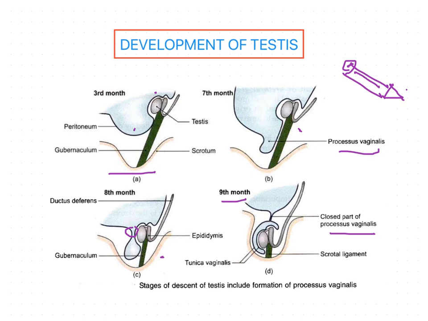So normally it occurs due to rapid elongation of the parietal peritoneum to which the developing testis is attached, which helps the testis descend.